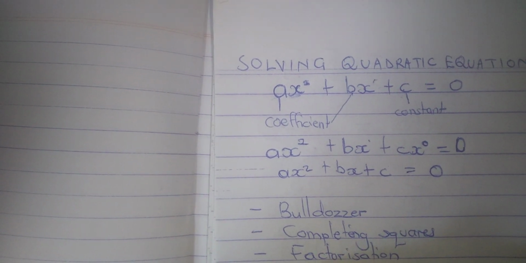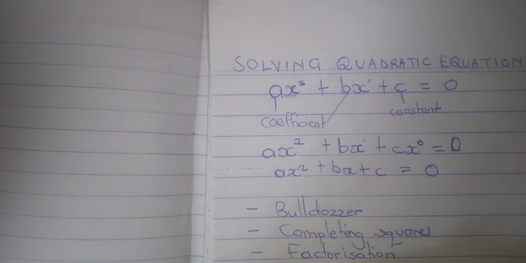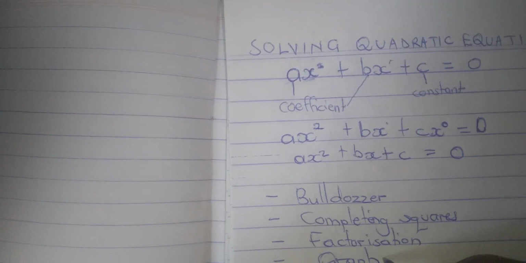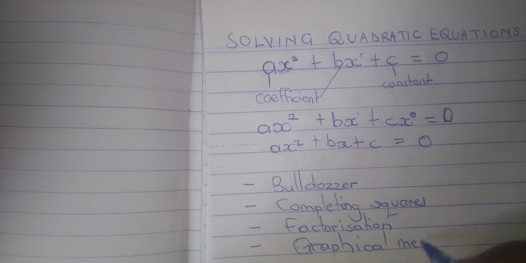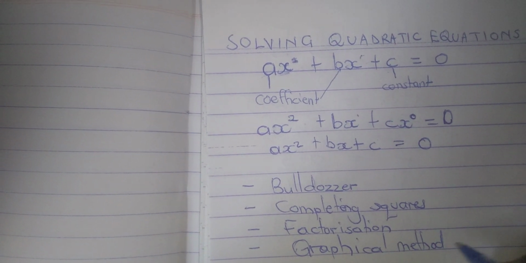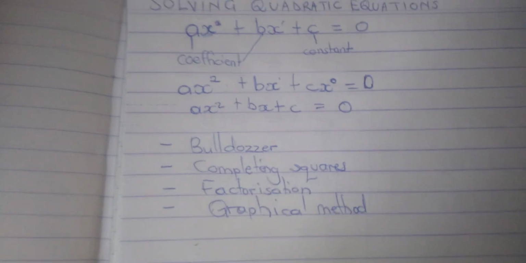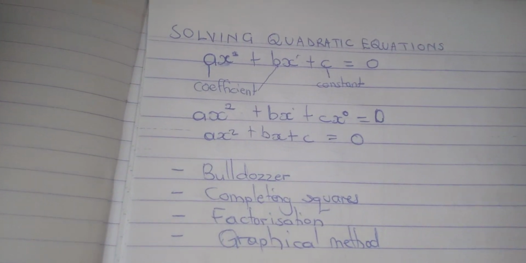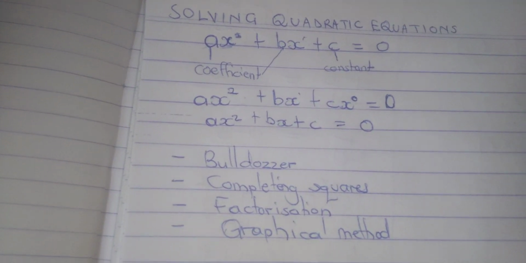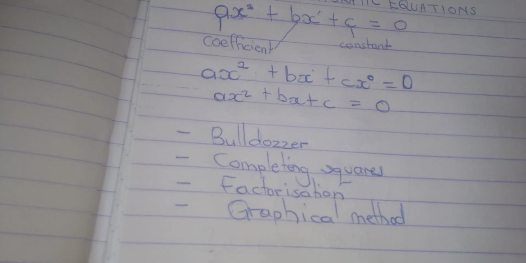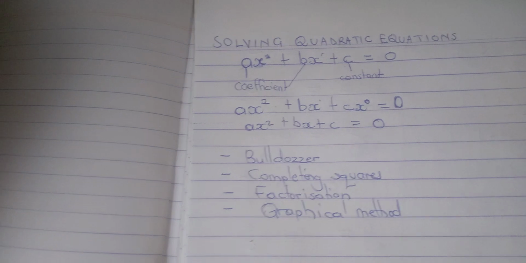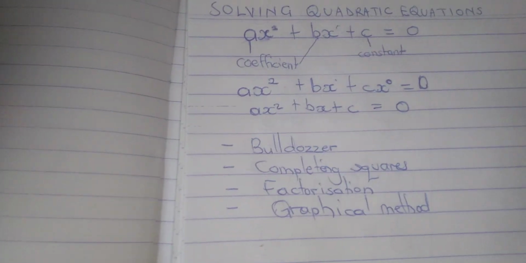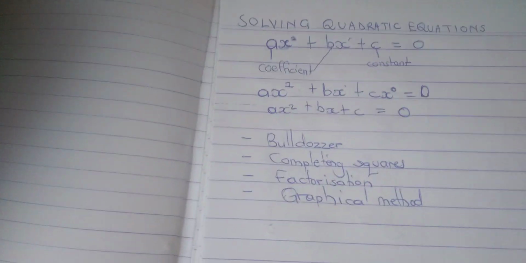Then there is also what we call the graphical method. For this case, I will not first of all look at the graphical method, but I'll show you how to use the other alternatives. Maybe in your free time you can get a graph and see how best you can go about using a graph to solve quadratic equations.